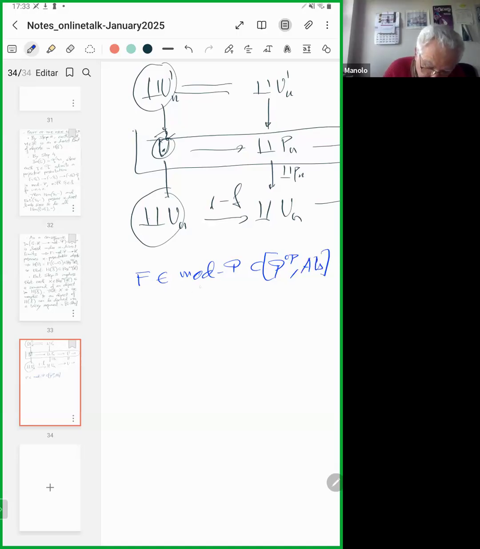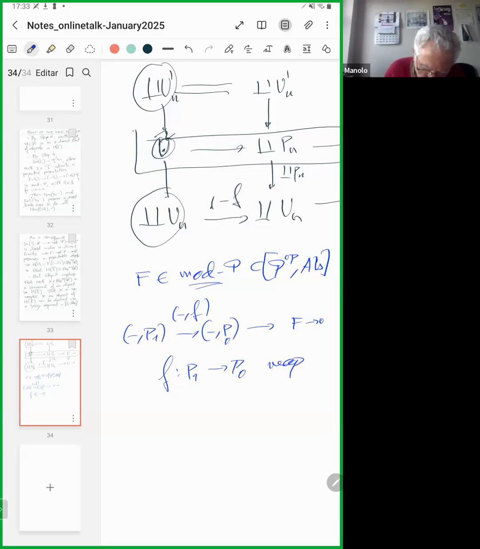To be here means that you have a presentation of F like this, for some map. Sometimes they are called the finitely presented functors, or we can call them the finitely presented P modules.